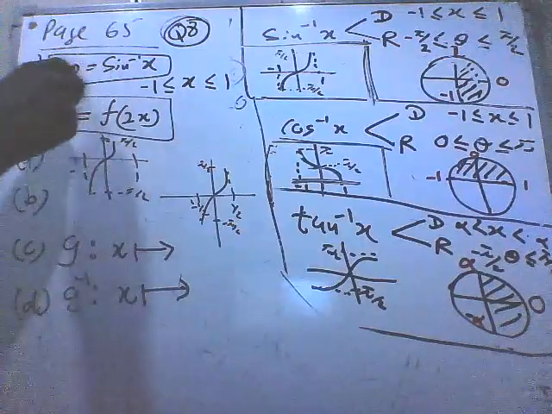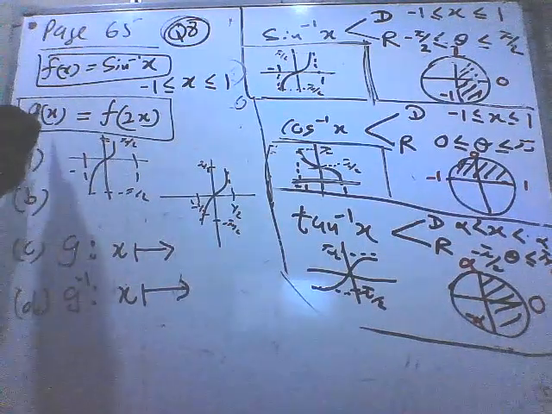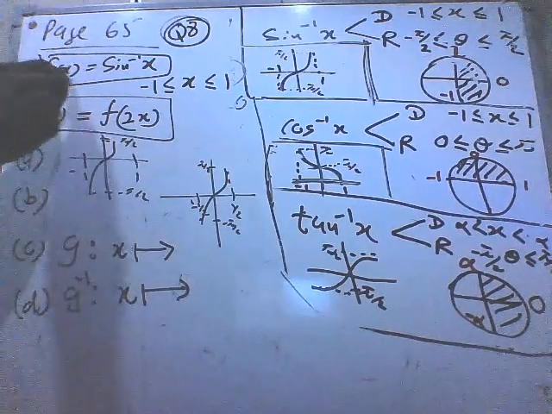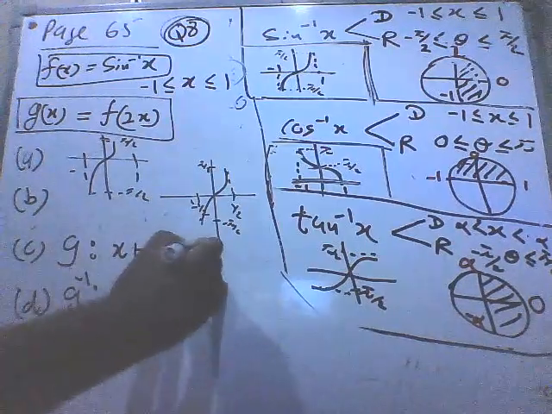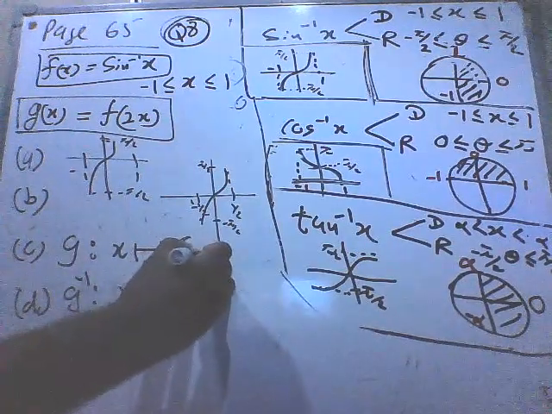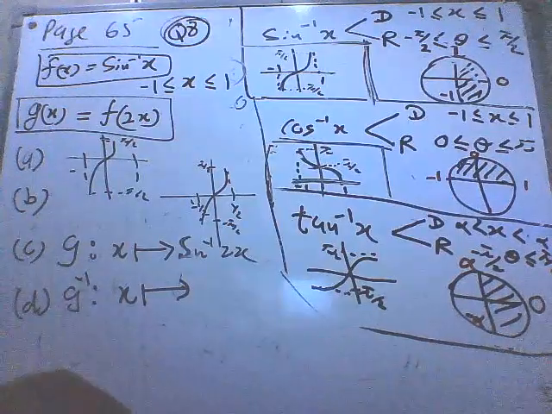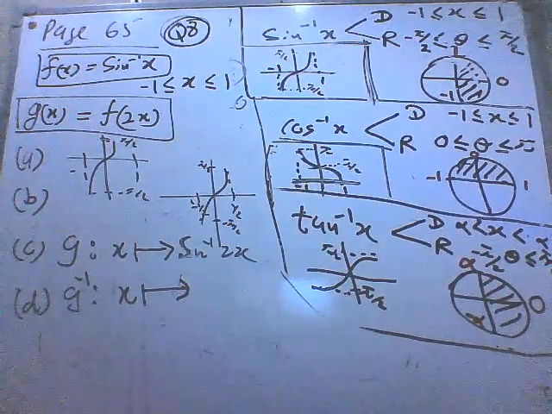Actually in the question they have given f(x) also in this way. If we put 2x here, it will become sine inverse 2x. So here sine inverse 2x, and now they are asking to define the inverse function.